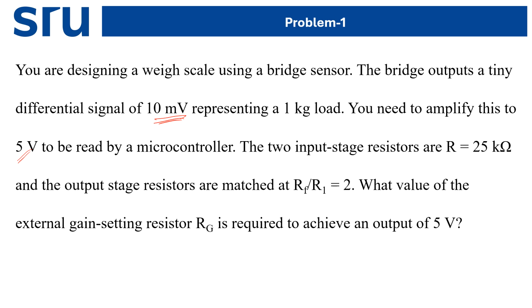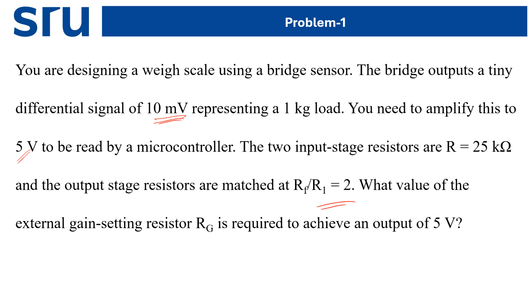The two input stage resistors are R equal to 25 kilo ohm, and the output stage resistors are matched at Rf by R1 equal to 2. That means the differential gain of the second stage is 2.